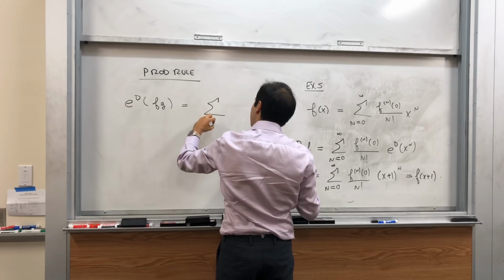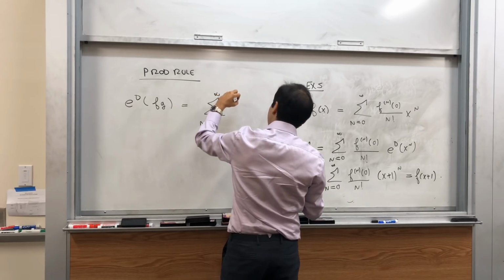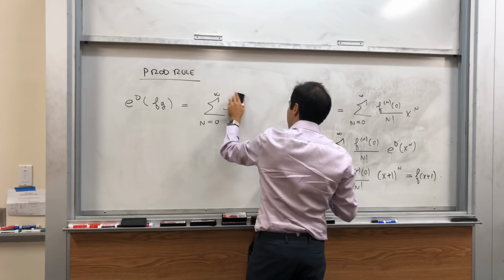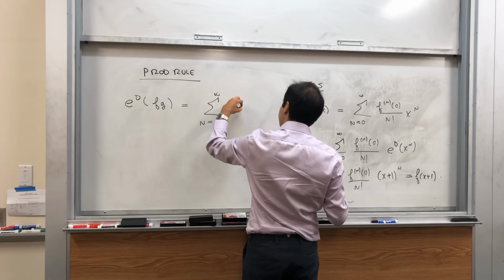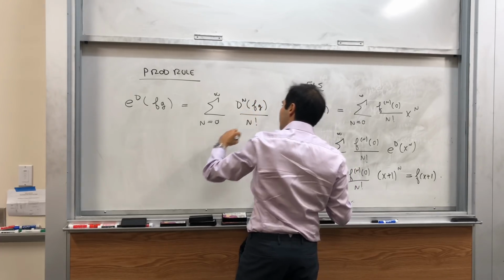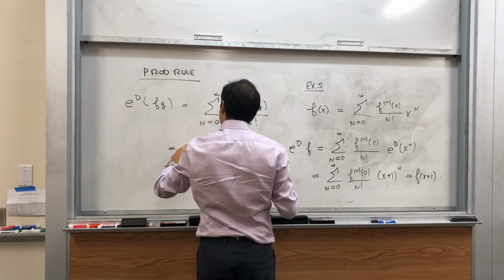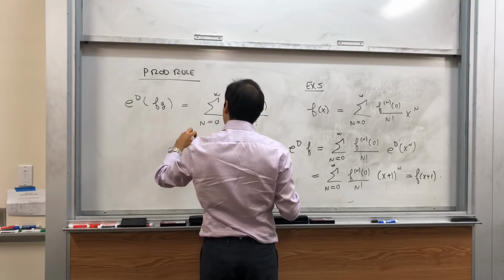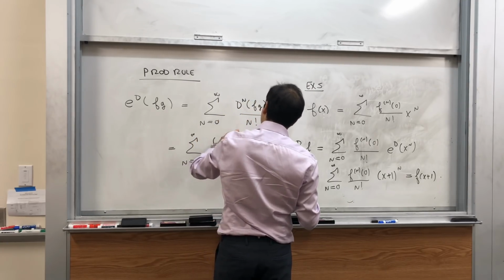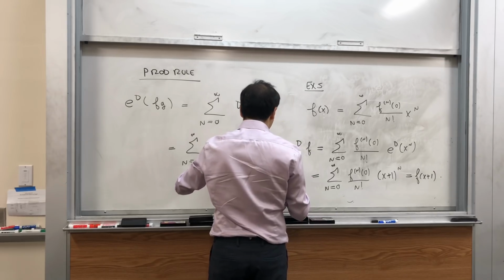Well, that's the sum from 0 to infinity of the nth derivative of f times g over n factorial, which again, let's just write in the usual way: the sum from 0 to infinity of (fg)^(n) over n factorial.